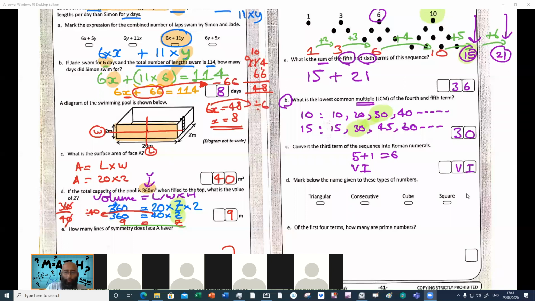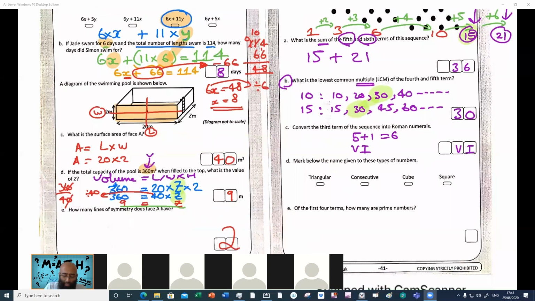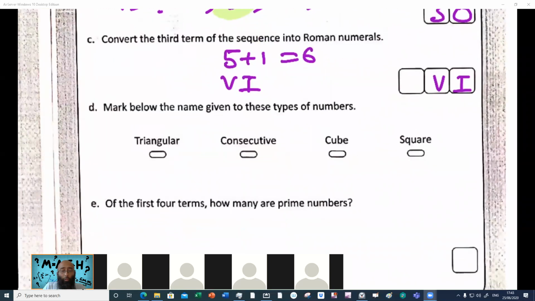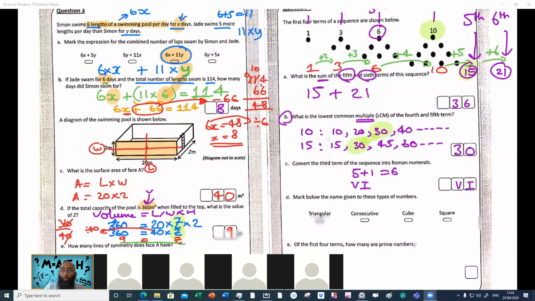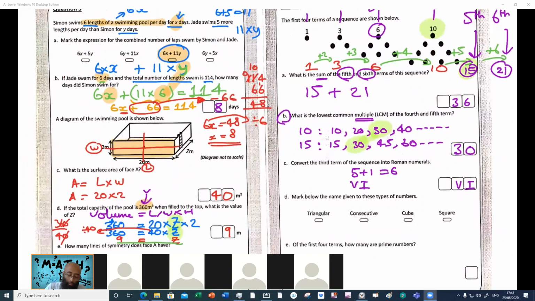Okay, go on, next one. Read part D, please. What's mark below? The name given to these types of numbers. So we can see from the diagram, what does it look like? What kind of shape is it? Triangle. Yeah, the triangles. So on. Done. Next.